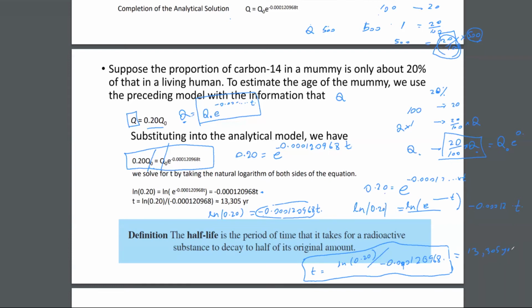304 years. Right? So this is simply how we calculate the age of a mummy. So that is useful. So that's why I teach you this.